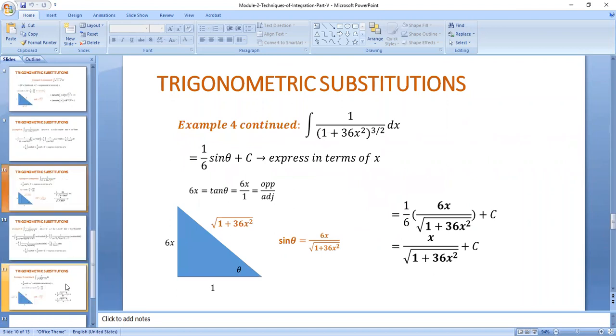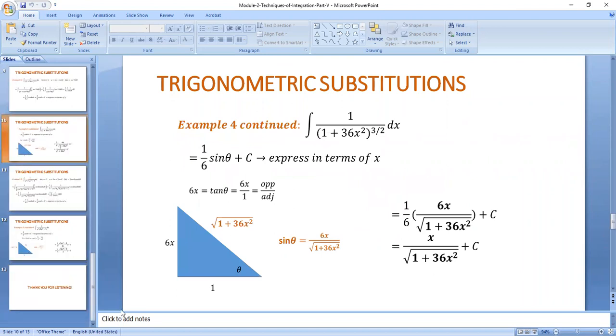So you have 1/6 sine theta. Based on our tangent, 6x over 1, if this is our theta in our triangle, opposite is 6x, adjacent is 1. So the hypotenuse is the square root of the sum of the squares of the sides.